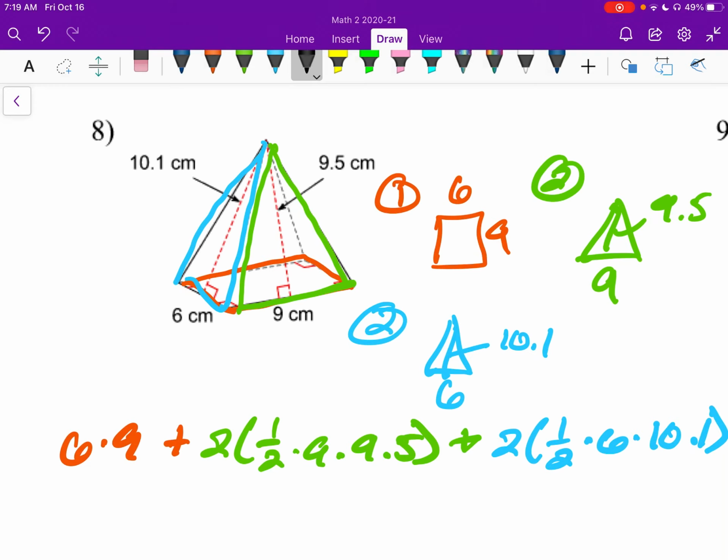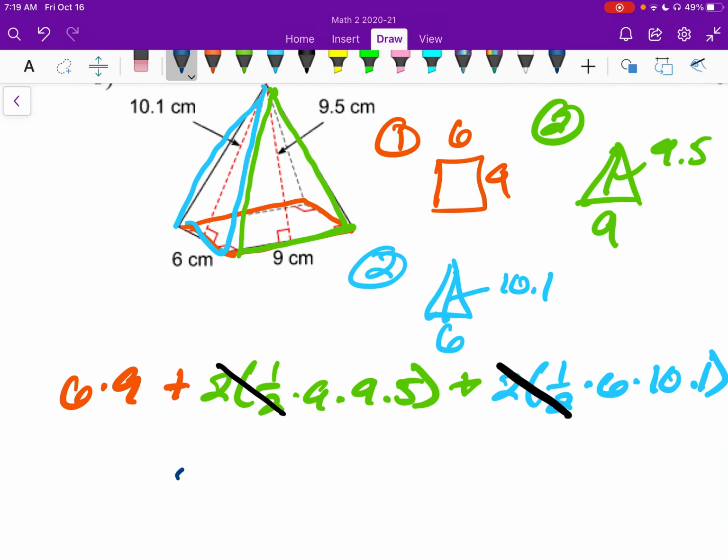Whenever I type these in, I'm going to cancel out those 2 and the half. Makes it a little bit faster. So I'm going to have 6 times 9 plus 9 times 9.5 plus 6 times 10.1. And I got 200.1. And we're talking about centimeters squared.